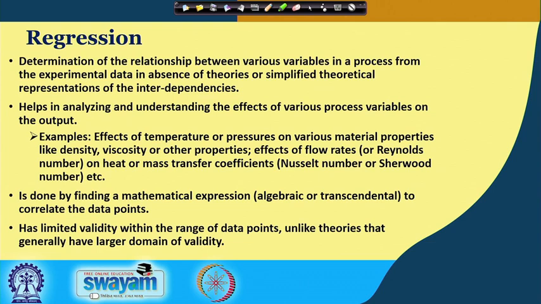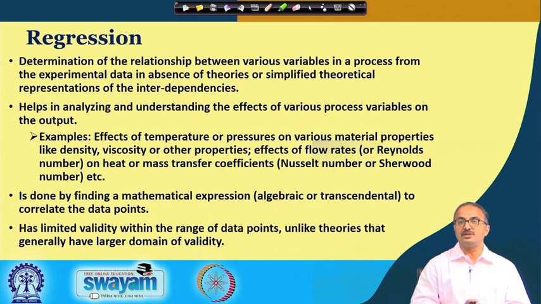Then you find out the Reynolds number from those flow rates, and convert these coefficient values into either Nusselt number or Sherwood number, and then try to regress these values so that you can obtain a generalized correlation which will have a more universal validity.